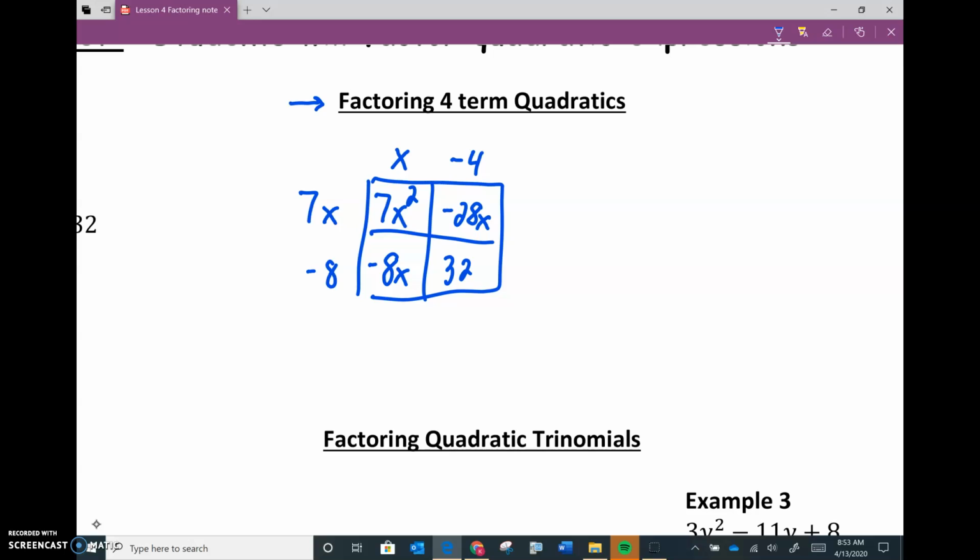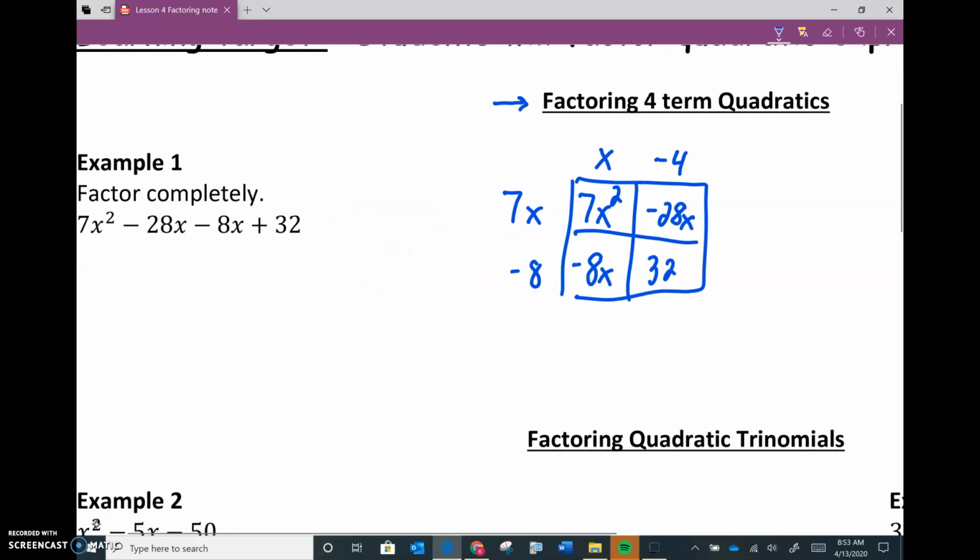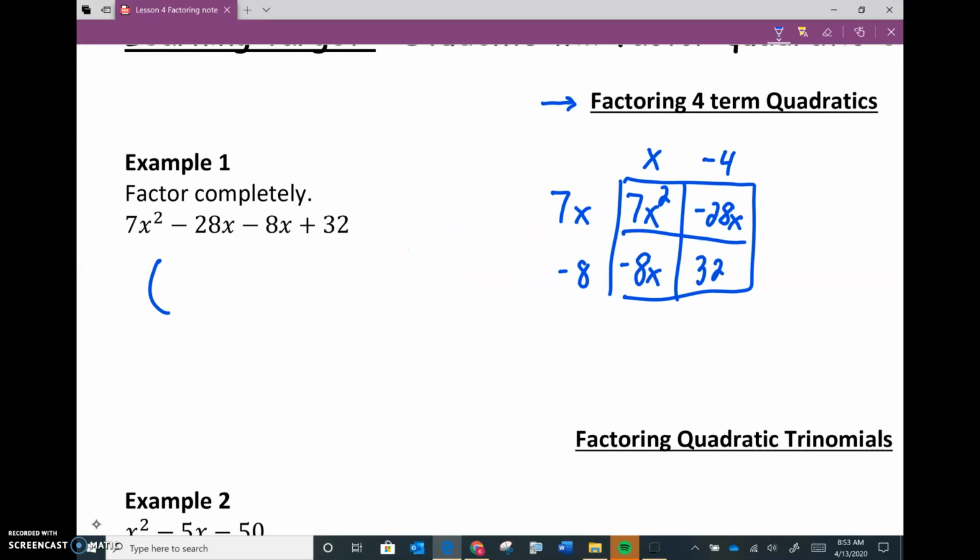And then you can always check this last one. If you take negative 8 times negative 4, that does give us positive 32. So we know that's the correct factoring. So factored form is 7x minus 8 times x minus 4. There we have it. So factoring 4 terms, box method.